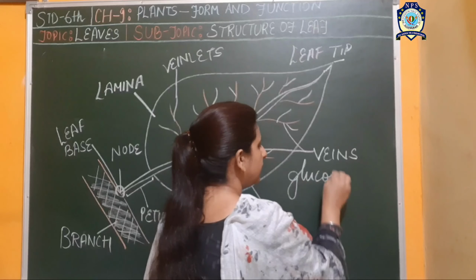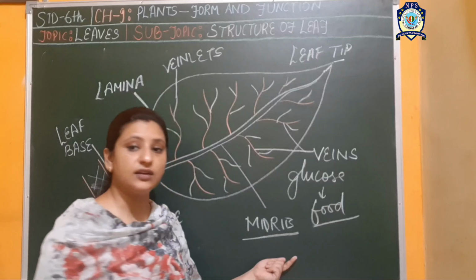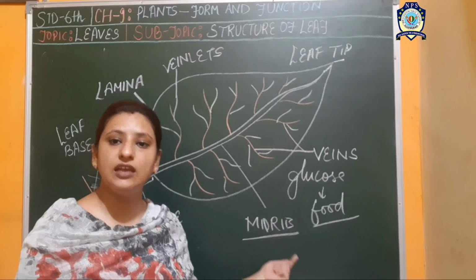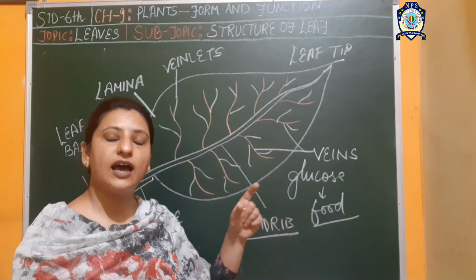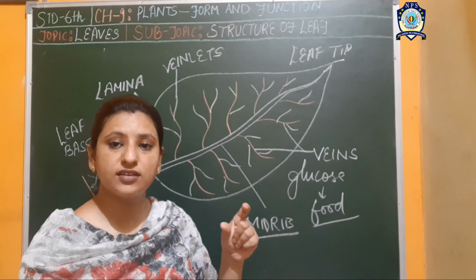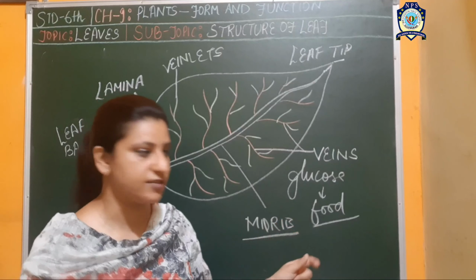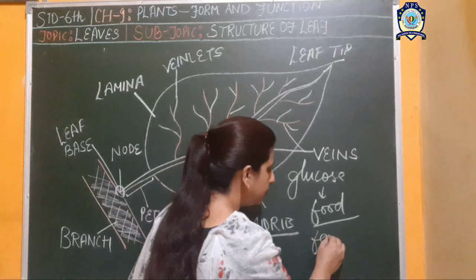And you know that glucose is what? Glucose is the food which is formed in the plants, which is formed in the leaves. So that's why the leaves are making the food, you can say the leaves are the food manufacturers. So that's why the leaves are called as the food factory of the plant.